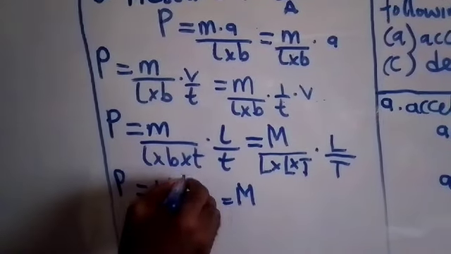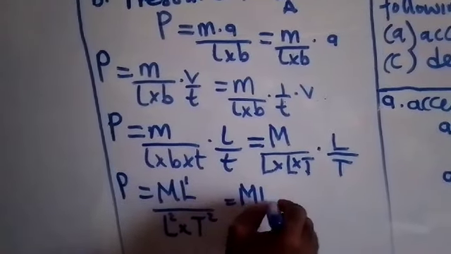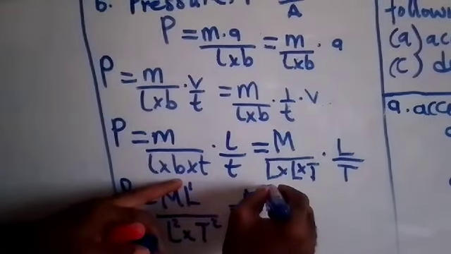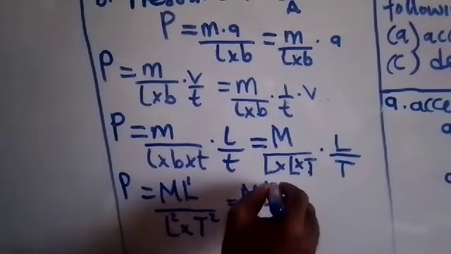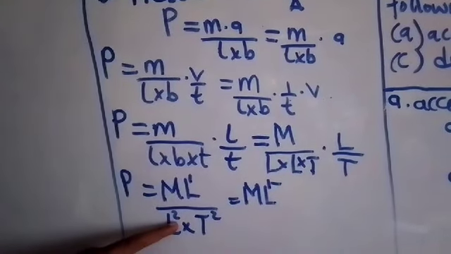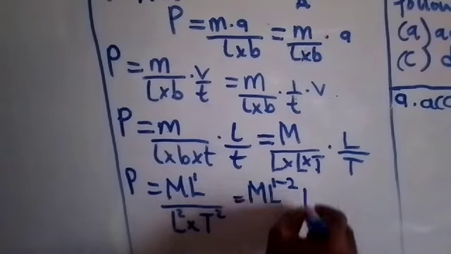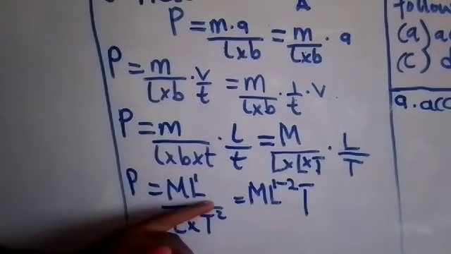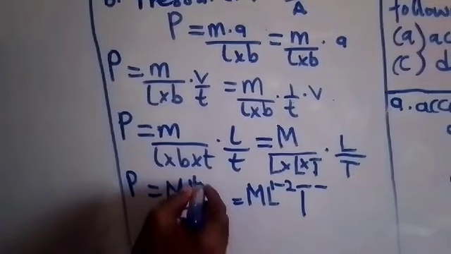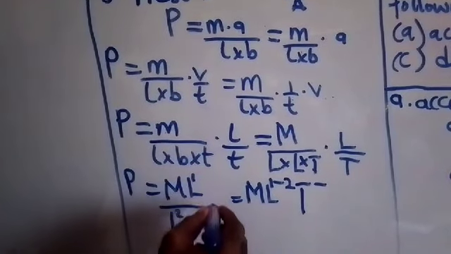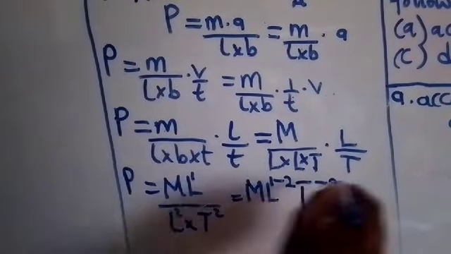Remember the power of this L here is 1. So we write the letter L. Numerator power is 1. Because of divide, we put minus. Power of L in the denominator is 2. Letter T, we put it. Because of divide, we put minus. Since we don't have T above, it's T raised to power 0.